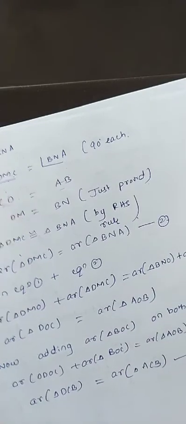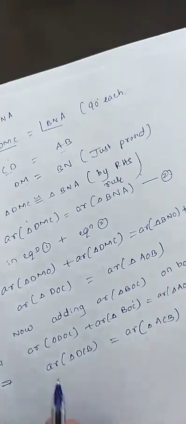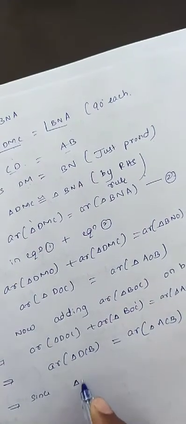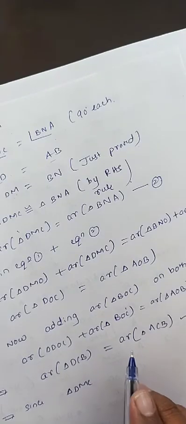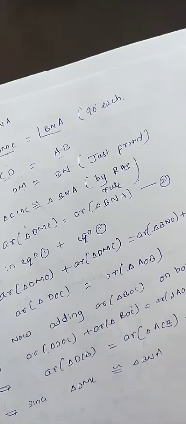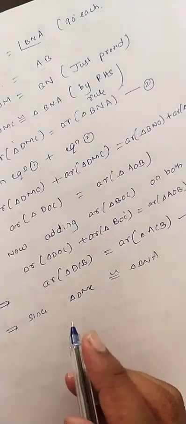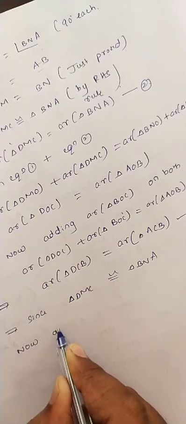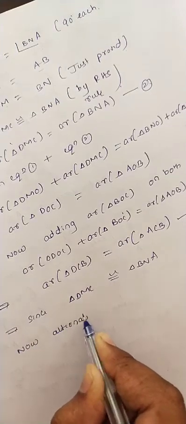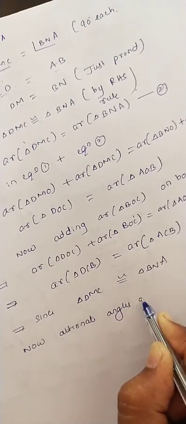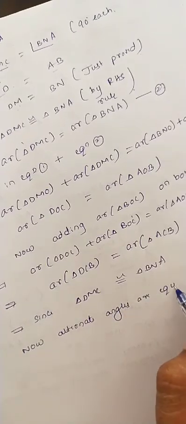Third, one more is remaining. Since triangle DMC is congruent to triangle BNA, now alternate angles are equal.